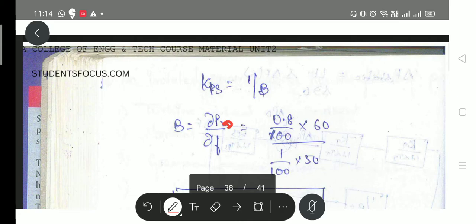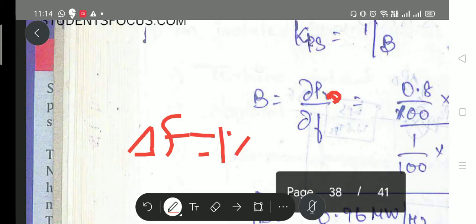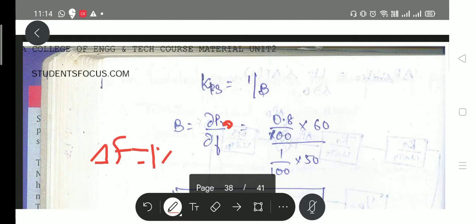So 0.8 by 100 into delta PD value, which is 60. So substitute here 1 by 100, since he is given delta F is 1%, so I am substituting 1 by 100 into the frequency, that is 50 Hz.